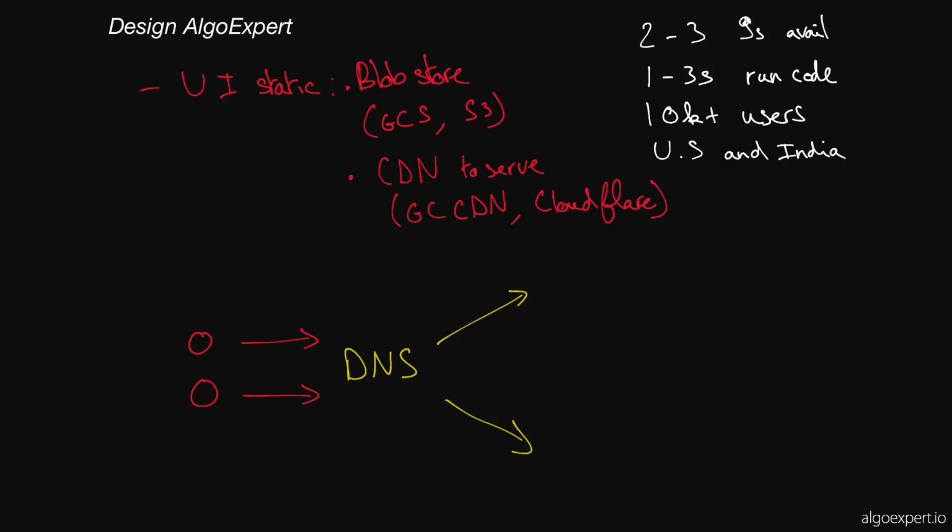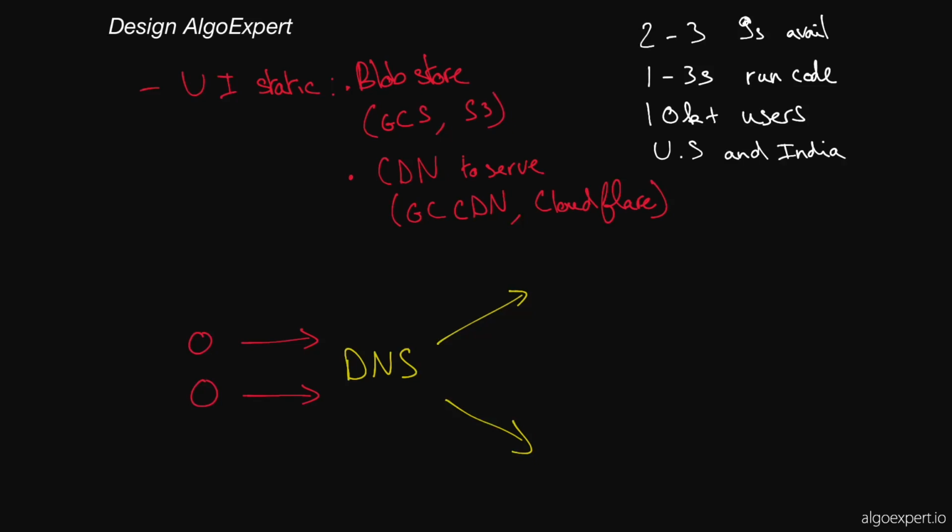And what I'm thinking is that once the requests have been distributed according to region, we should have another layer of load balancing based on the types of requests that they are.